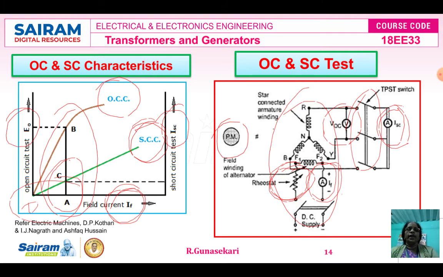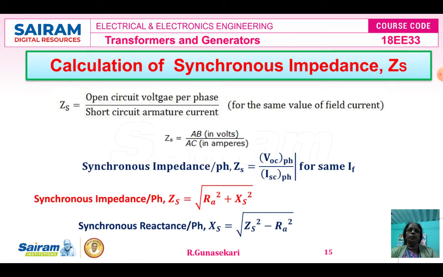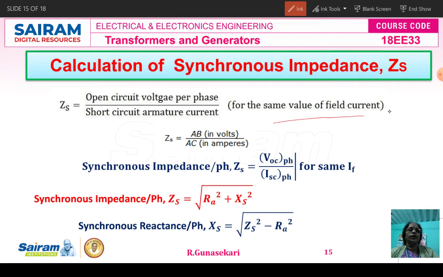Now we calculate the synchronous impedance. How to calculate the synchronous impedance? From the characteristics curve, the synchronous impedance ZS per phase is equal to the open circuit voltage per phase divided by the short circuit armature current for the same value of field current IF.